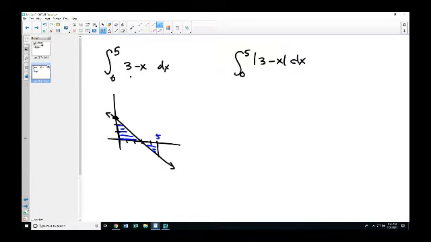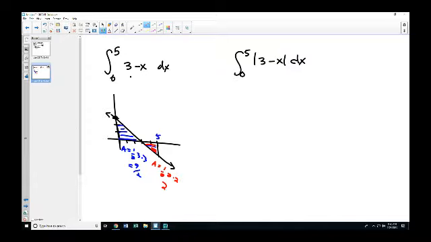Okay, what's the area of this triangle? Half of 3 times 3. 9 over 2. That's right. What about this one? 2 times 2?